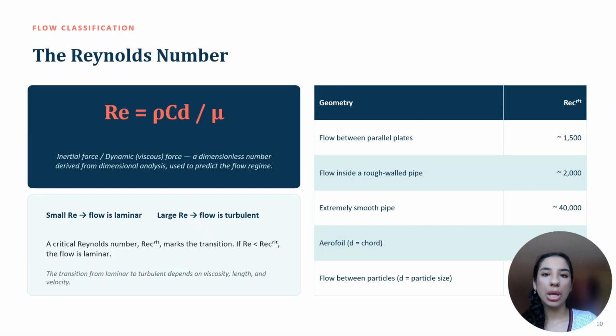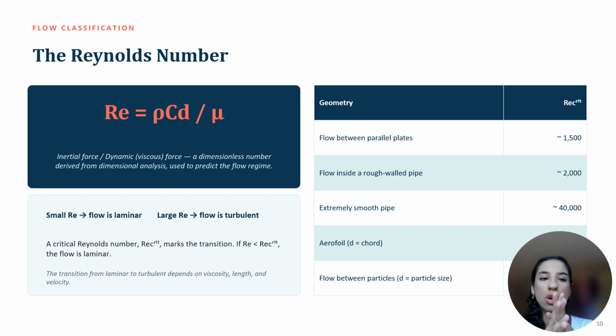Now, if we're talking about laminar flow, we need to talk about the Reynolds number. The Reynolds number is a dimensionless constant, and every fluid will have its own, determining at which point a fluid becomes laminar or turbulent.